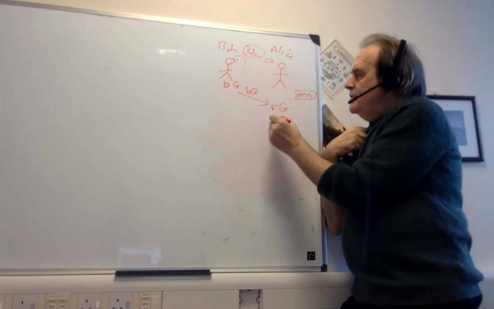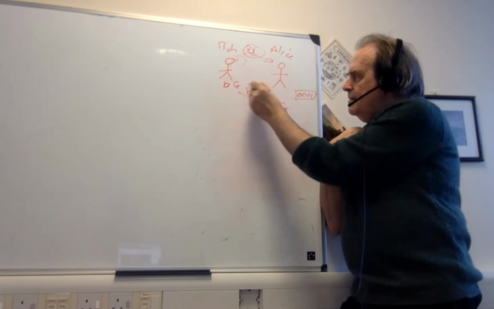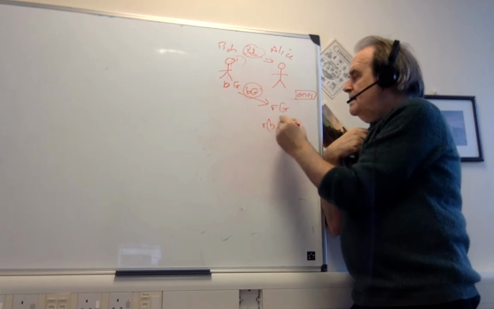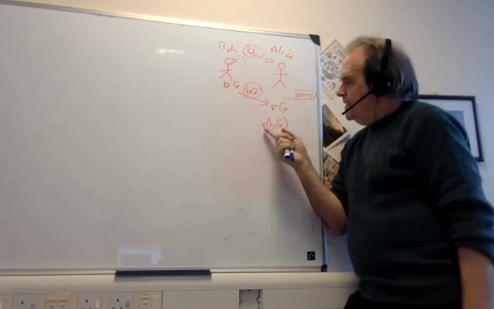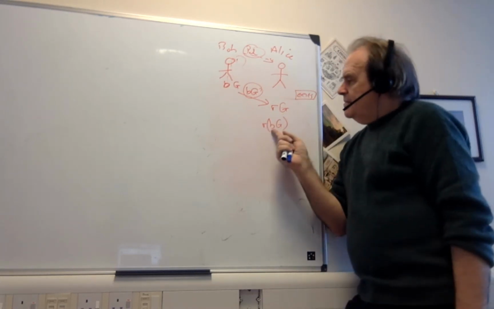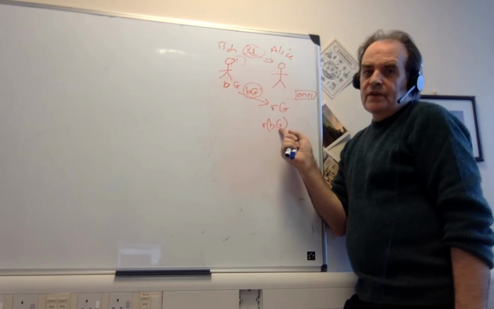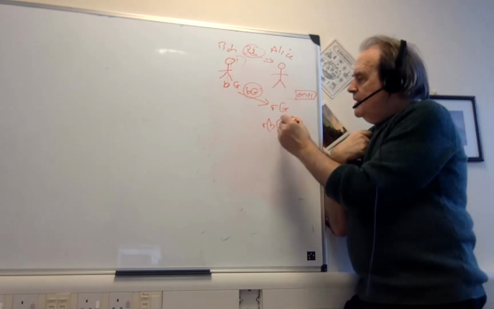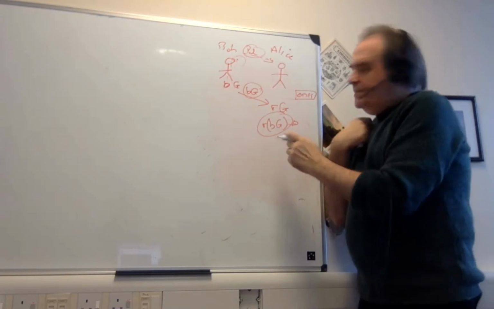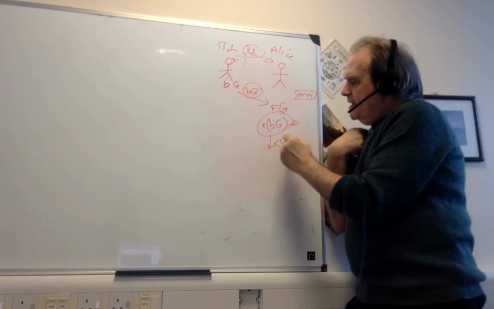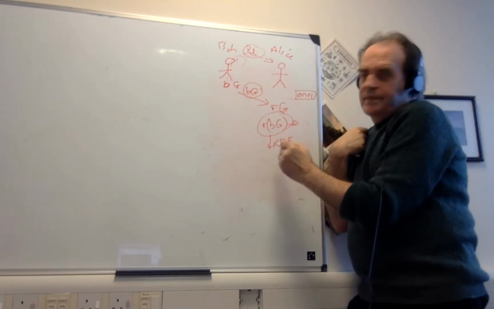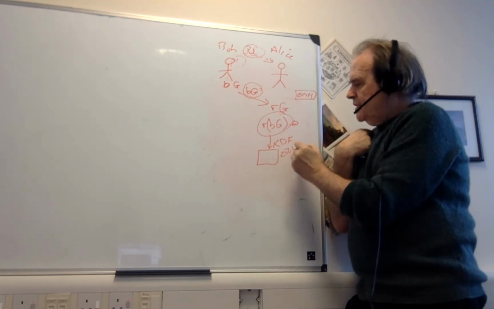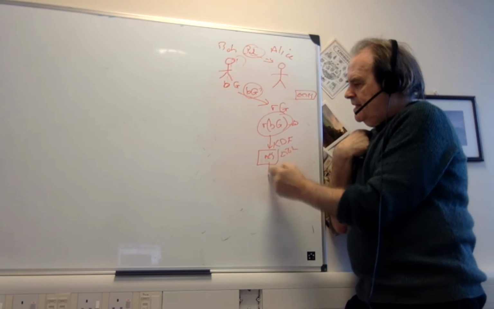Then she takes Bob's public key and multiplies it to get RBG, the random value times the B value times the G value. She obviously can't work out what the B value is, but she'll create a new point on the elliptic curve equal to that. She then sticks that into a key derivation function, and we'll end up with, say, a 256-bit AES key.